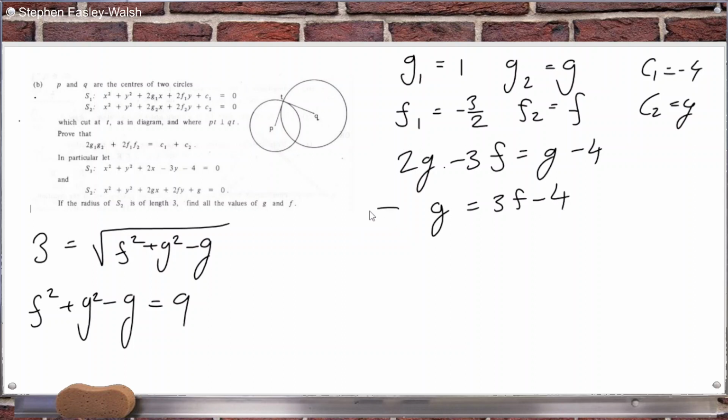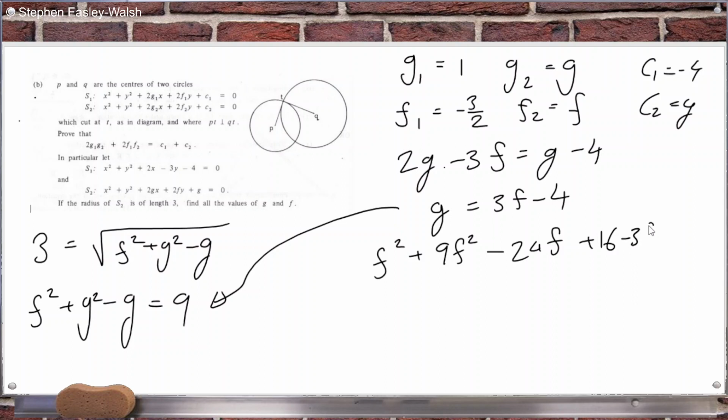Now if I put that into this equation, I get F squared plus G squared, which is 9F squared minus 24F plus 16, minus G, so minus 3F plus 4, minus 9 equals 0. It looks a bit better. 10F squared minus 27F, then 16 plus 4 is 20, 20 minus 9 is 11.